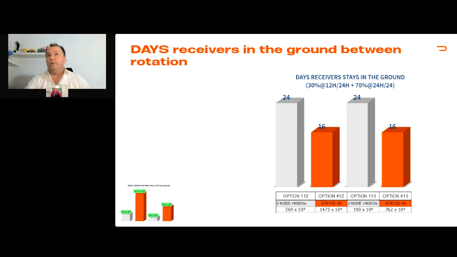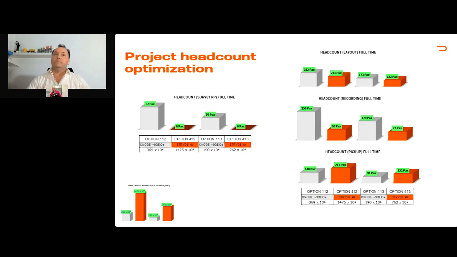And you have a grid of vibrators shaking every 25 meters in line and cross line. And that is very disturbing. This node and geophone area sitting on the surface will be extremely disturbing for the vibrator operation. That's why it will take more time.